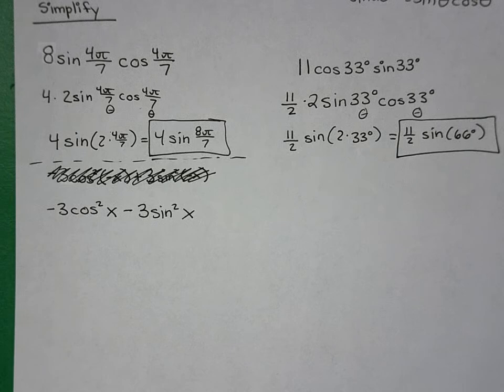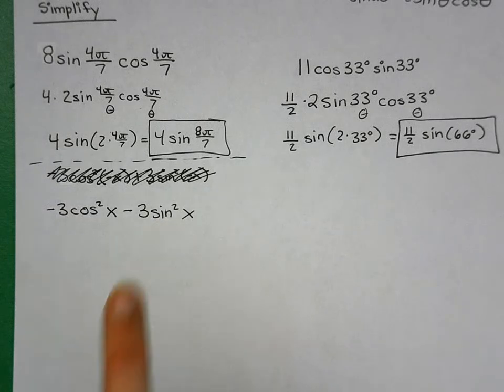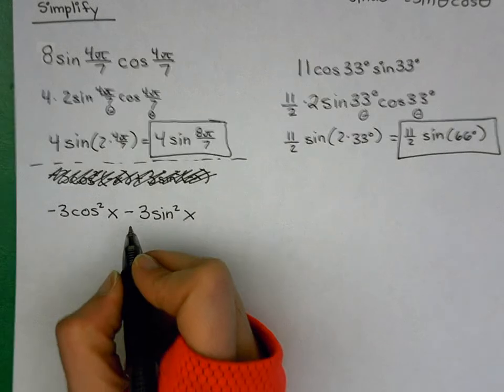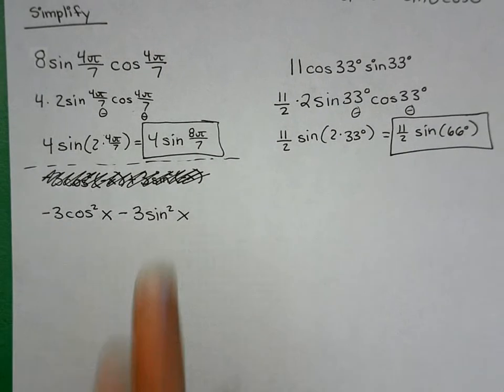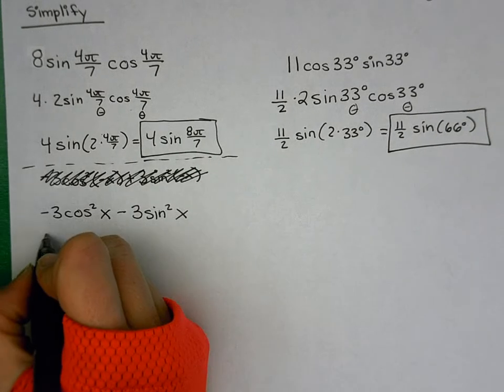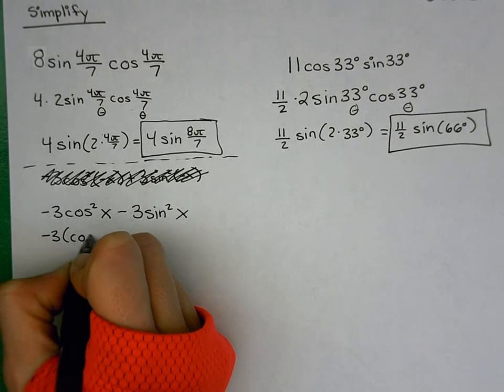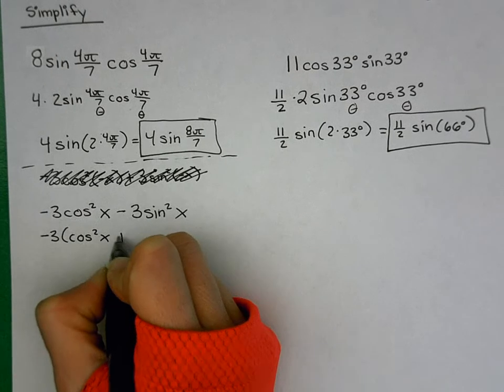Okay, so for this one, ladies and gentlemen, we are looking at simplifying using our cosine squared plus sine squared rule. Now this is not initially in cosine squared plus sine squared. However, if I factor my -3 out here, I get cosine squared x plus sine squared x.